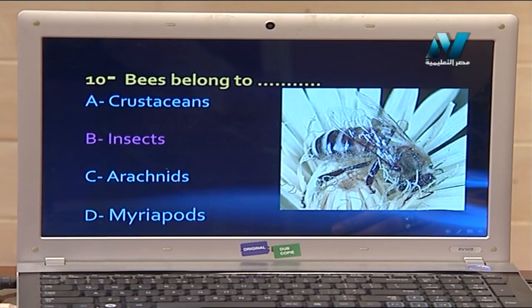The abdomen, as you see, is segmented, made of rings. These are the main characteristics of the insect. Insects respire by tracheae.